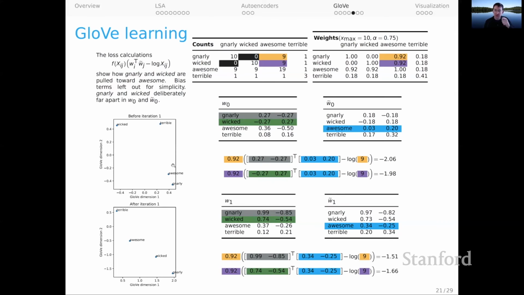As I do more iterations of the GloVe model, this effect is just going to strengthen, corresponding to wicked and gnarly getting pulled toward awesome and away from terrible as a result of these underlying counts. And I take this as good evidence that GloVe, like the other methods we've discussed, is capable of capturing those higher order notions of co-occurrence that we're so interested in pursuing with these methods.